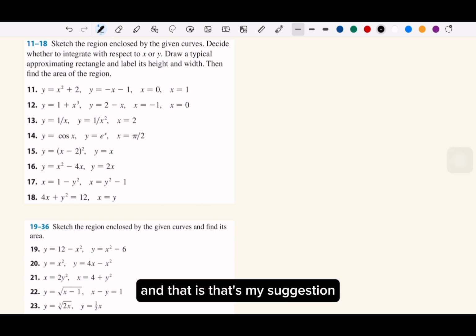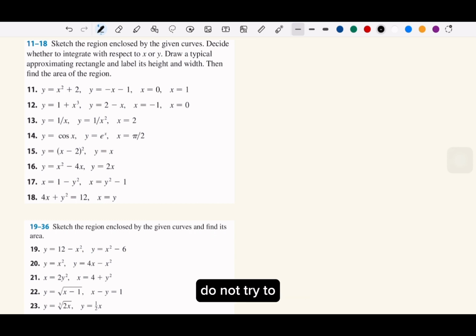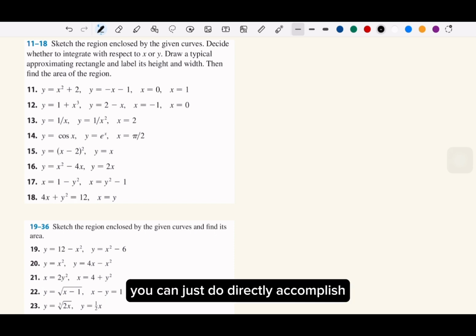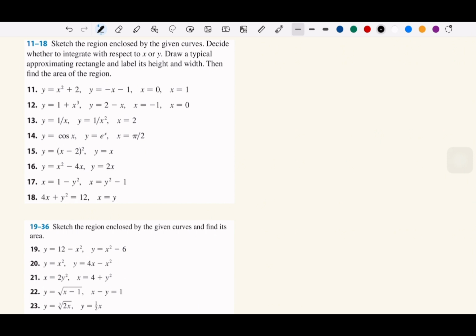And that's my suggestion. Always sketch the curve. Do not try to directly compute unless you are familiar with it. Sometimes for some function that you know, you can just do directly the calculation. But my suggestion, start from sketching, okay? Especially for a function that you don't really know.